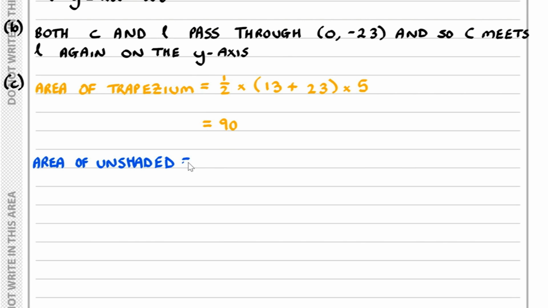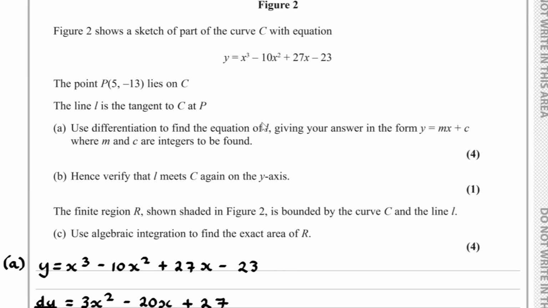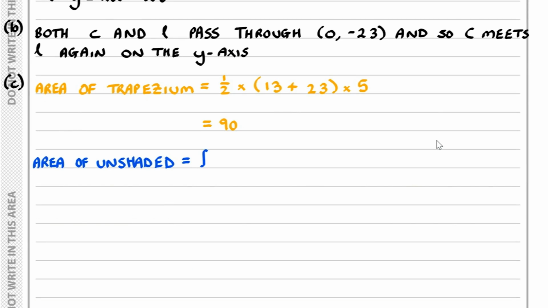Of course, we'd have to integrate what y is, which is x cubed minus 10x squared plus 27x minus 23 with respect to x in between x equals 0 and x equals 5.